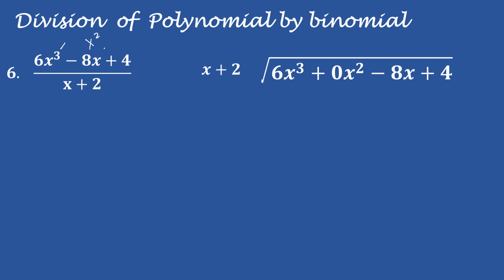We have directly x to the power of 1. So in this case, we are going to rewrite the 6x cubed, and since there's no degree of 2, we just have to write it in this way.